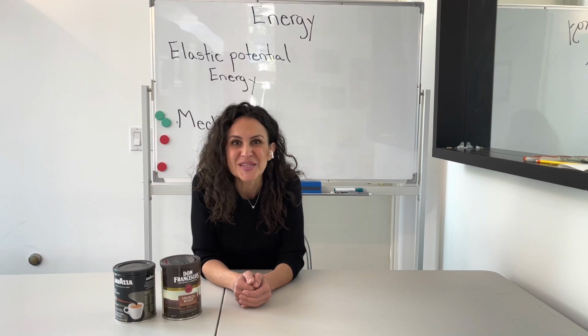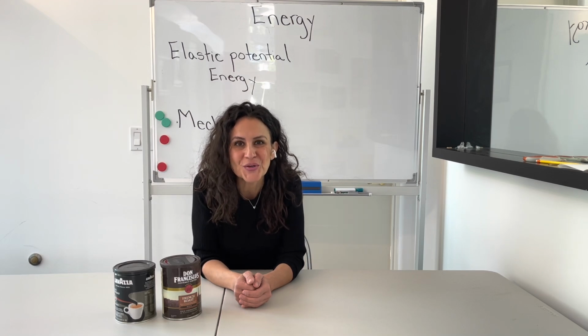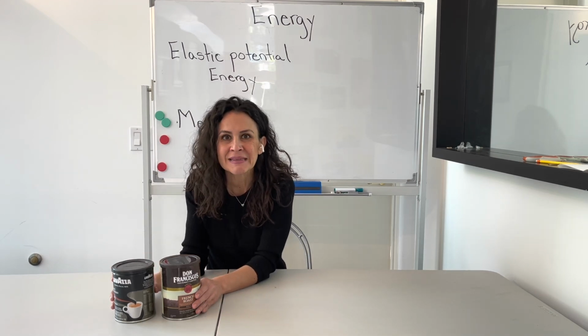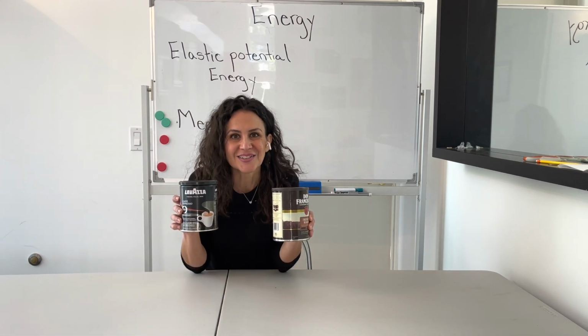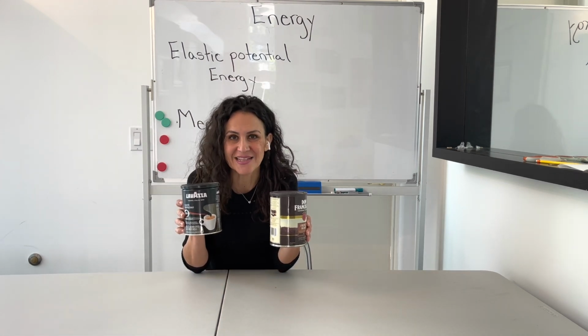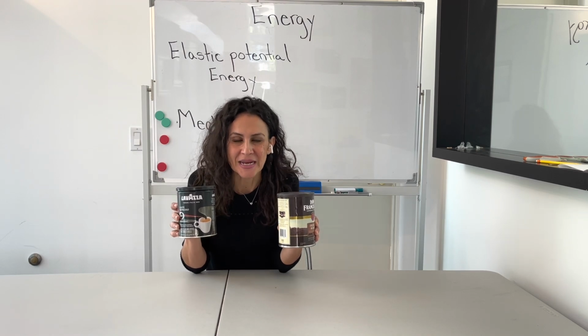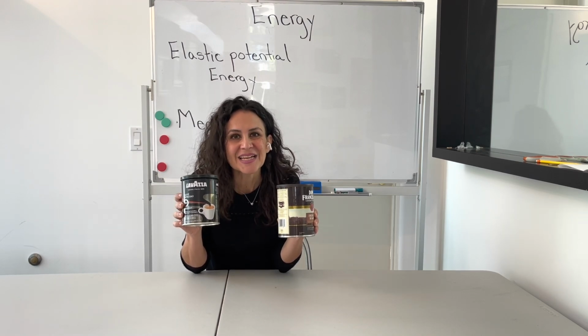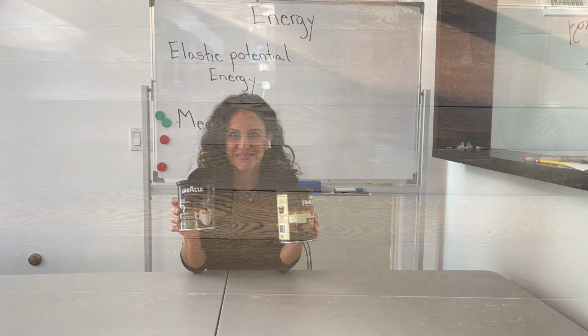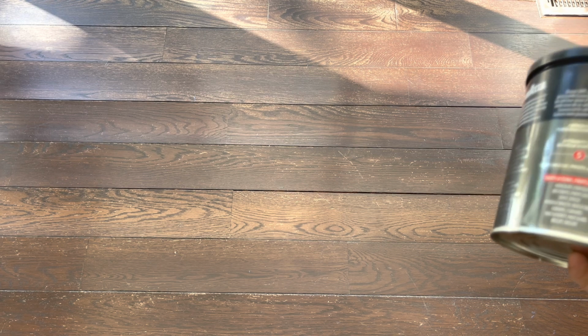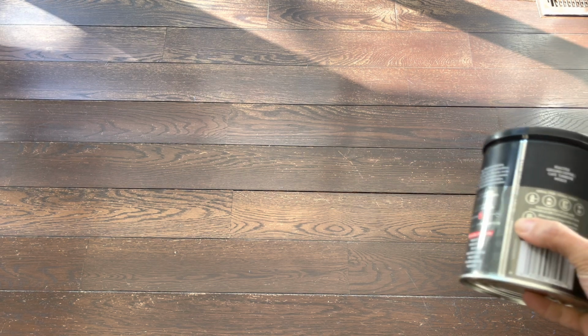Before we get started with today's experiment, I want to show you guys two seemingly identical cans, coffee cans. I'm going to try to roll these in just a minute and let's see what you notice. I'm going to start off with our first coffee can, going to place it on its side and roll it.